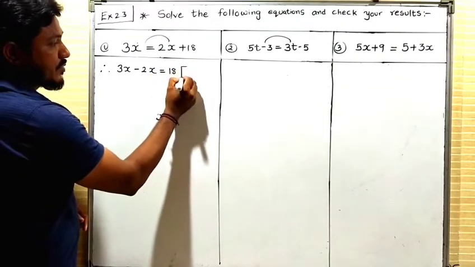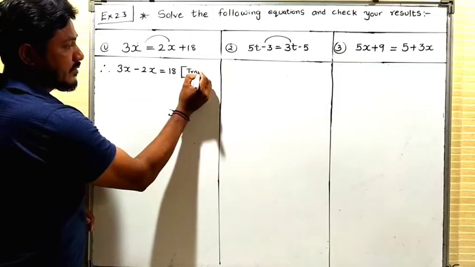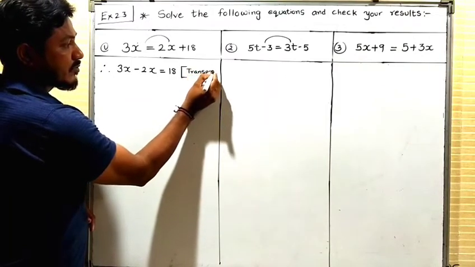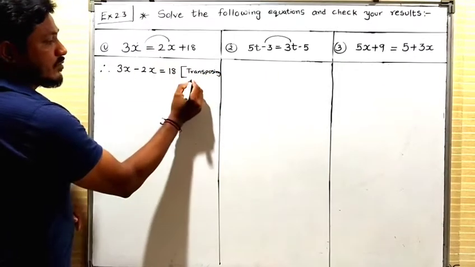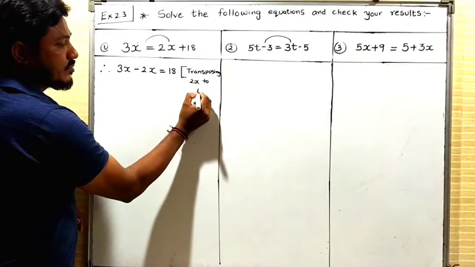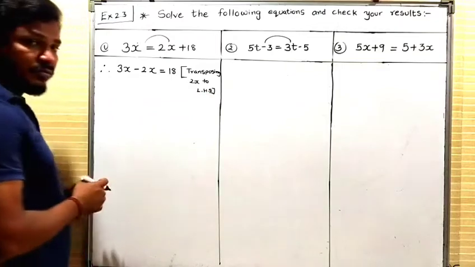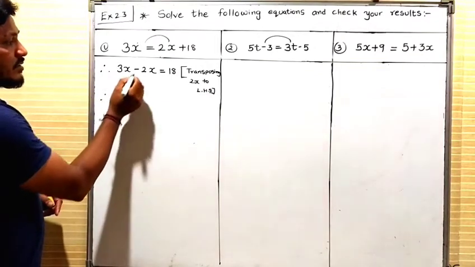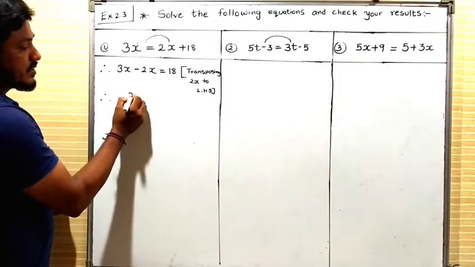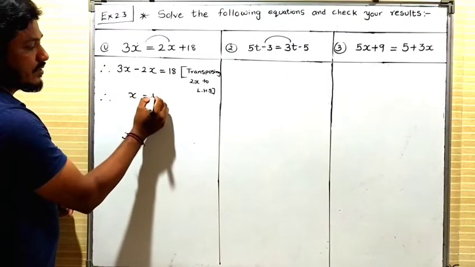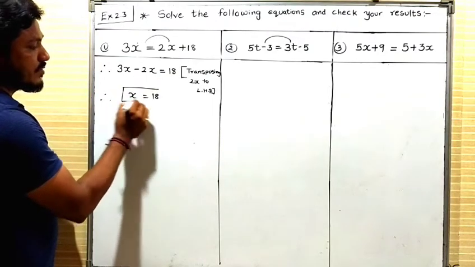In bracket you have to write transposing 2x to LHS. Now do simple subtraction. 3x minus 2x gives x, and the value of x is 18. Whatever is left, we got 18.